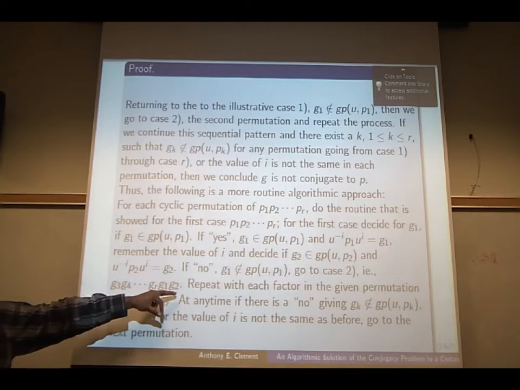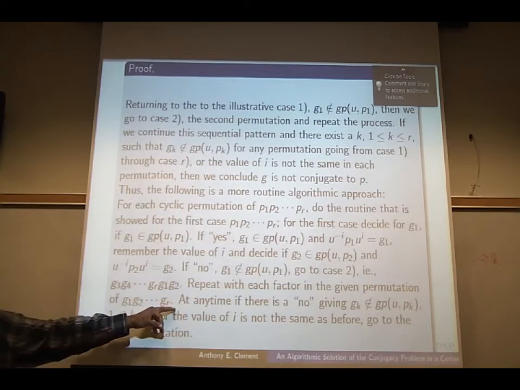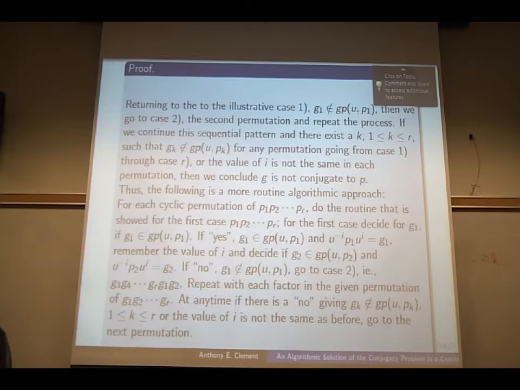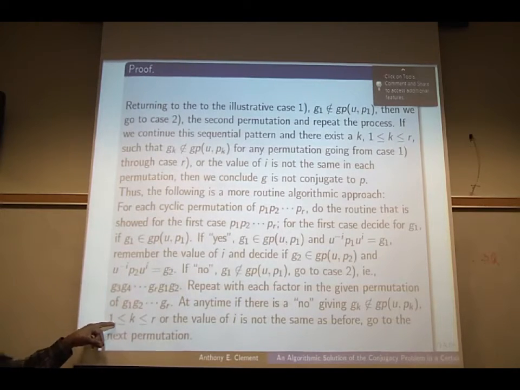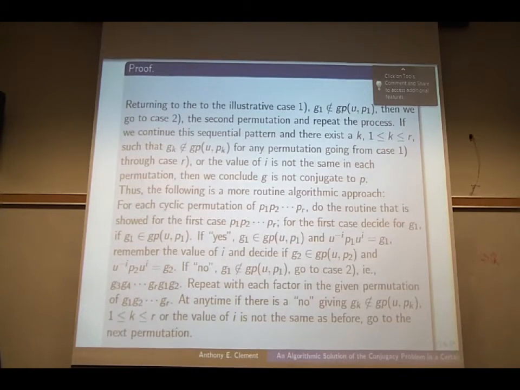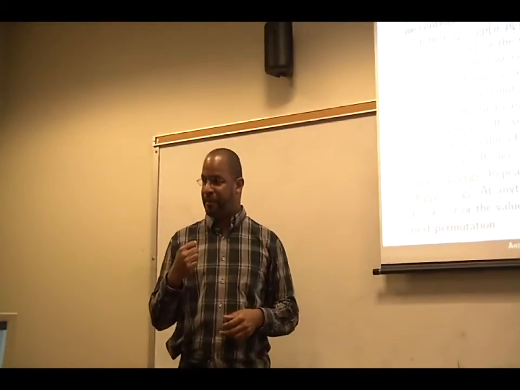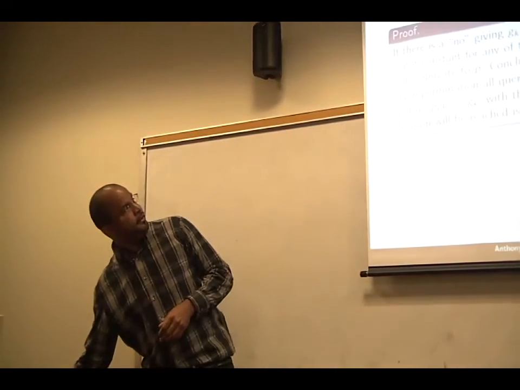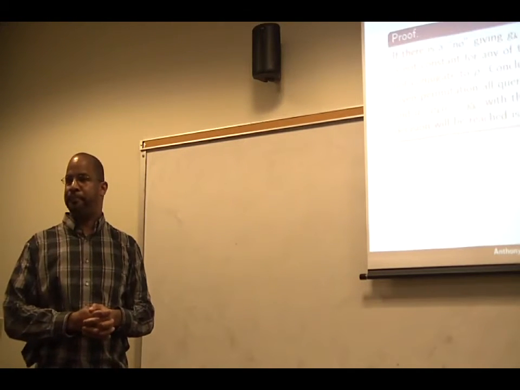So we repeat the same thing again for each of the factors 1 to R. So if anytime there is a no, given Gk does not belong to the subgroup generated by U and Pk, for k greater than or equal to 1 and less than or equal to R, or the value of I is not the same as before in the same permutation, then we can say that G is not conjugate to P.